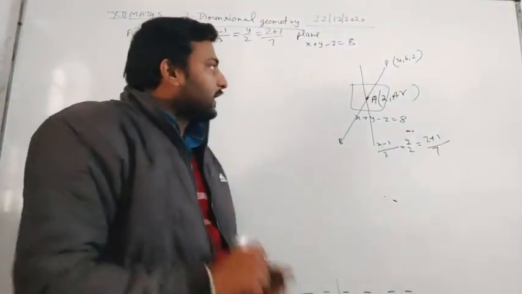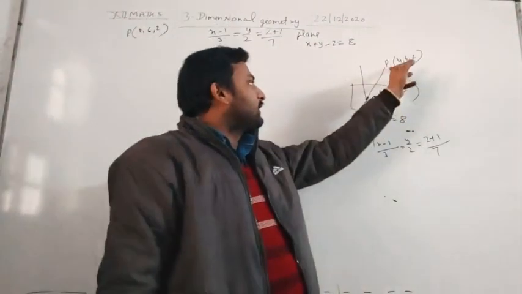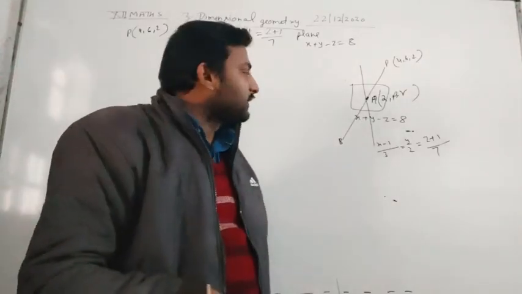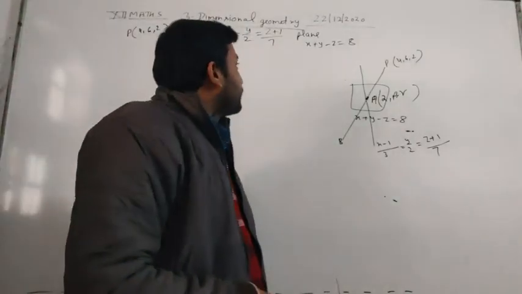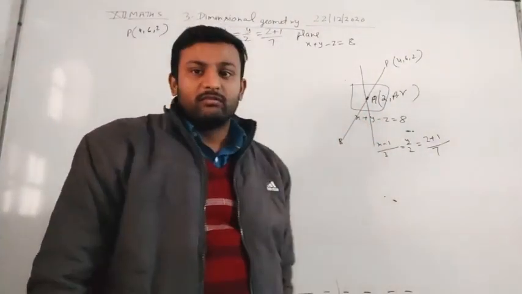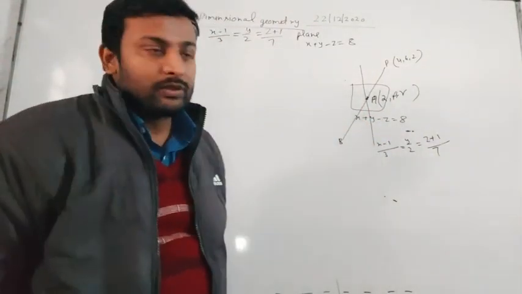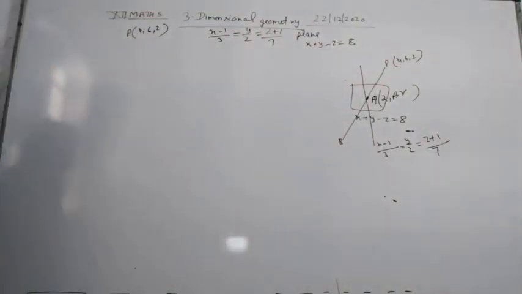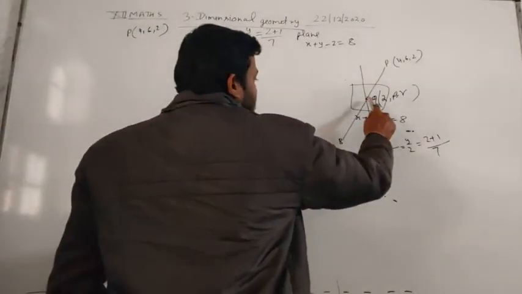Our target is to find the equation of line PAB, which is also passing through the intersection of this line and this plane. So for this, we will first find the intersection point.